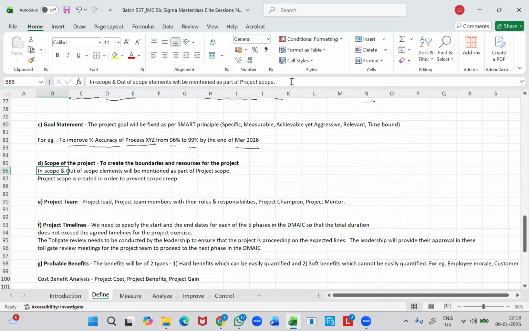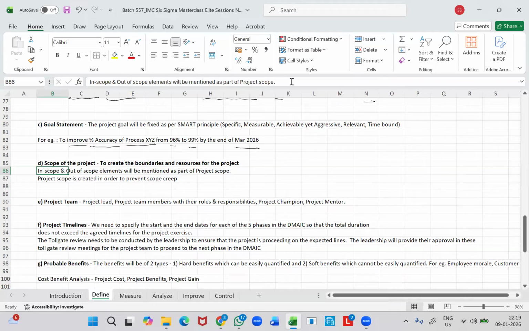So when I say boundaries, it's about process boundaries, right? Say you would have already done the CTQ drill down exercise. So you would have identified the in-scope process areas that needs to be improved. You have also identified the out-of-scope process areas which needs to be kept aside as far as the Six Sigma project is concerned.